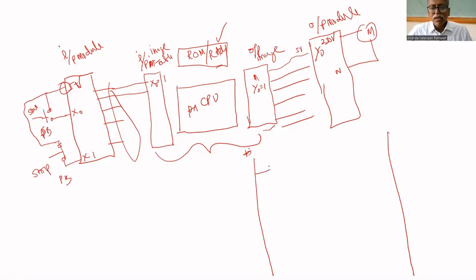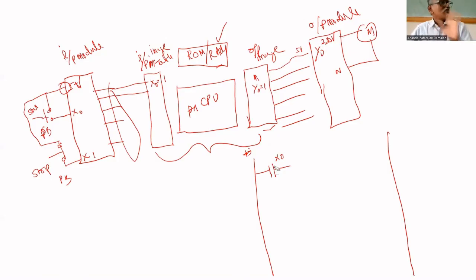Here I need a push button, the start button. This push button is start, or I can call it X0. I won't write start push button here; instead, I'll simply put X0, because that is where the start button is connected. If I press it, you can think of it like a buffer. If you give 1, it will give 1.